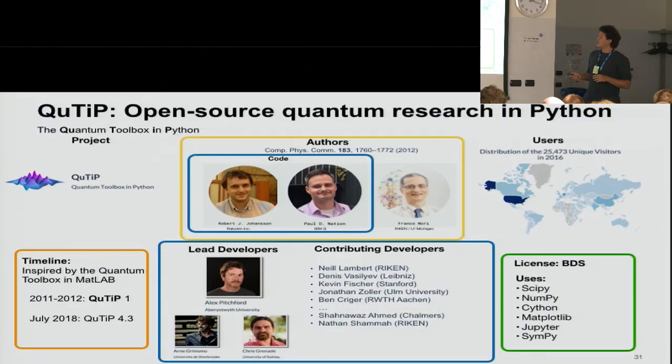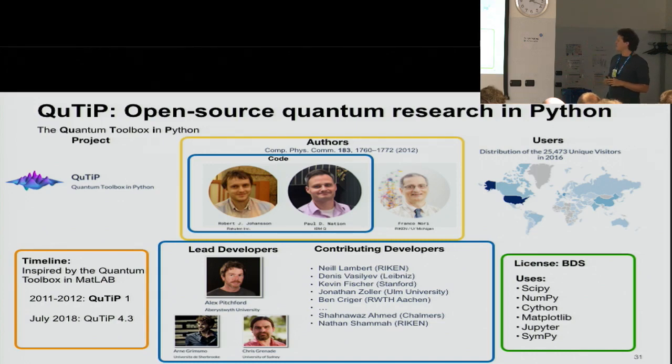QuTiP was created around 2011 and 2012, and it was inspired by a MATLAB toolbox, and now we're at the 4.3 edition. I'm just one of the many developers that are working on QuTiP. And as I said, many people worldwide are using it. And you also have to factor these numbers with the fact that we're talking of a very small community compared to the machine learning community, for example.